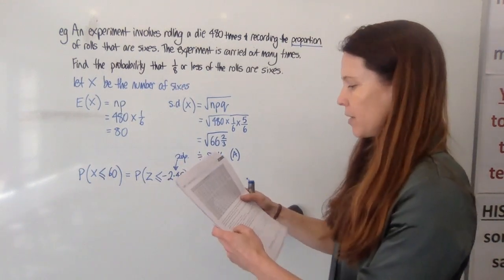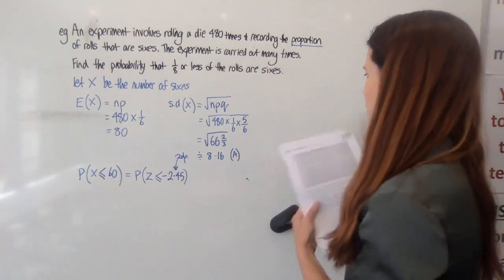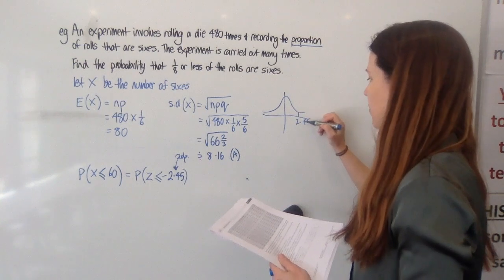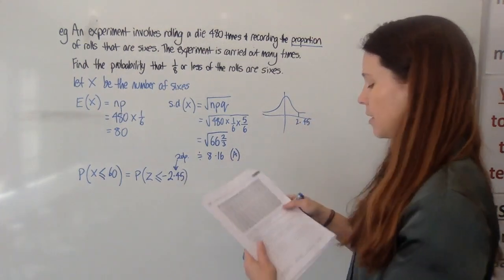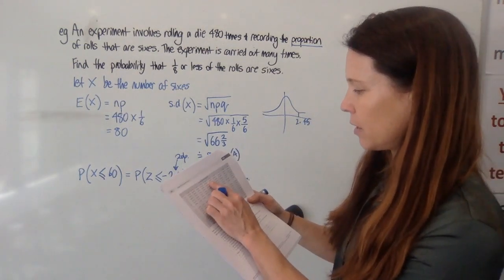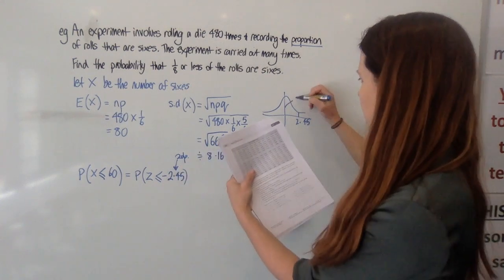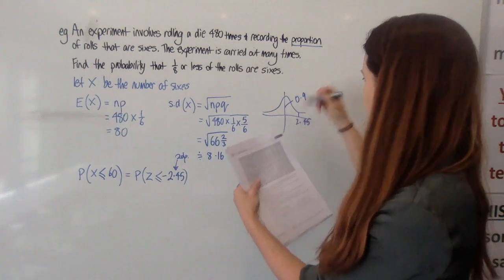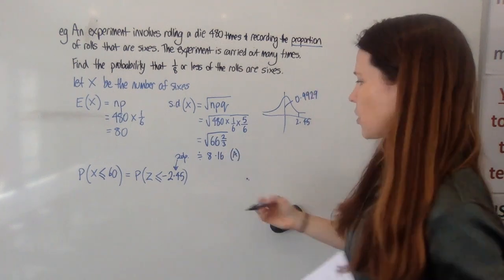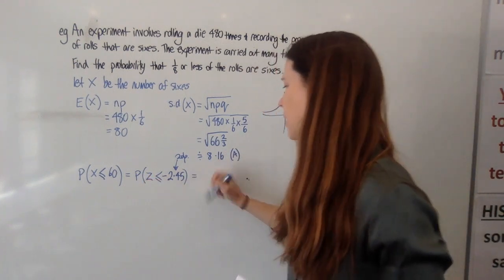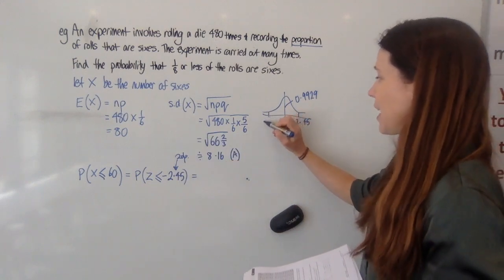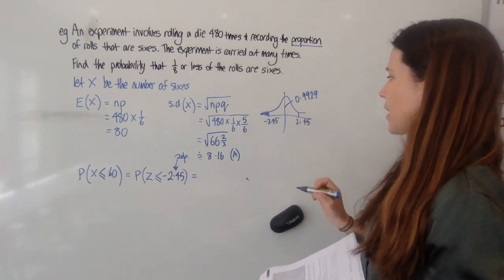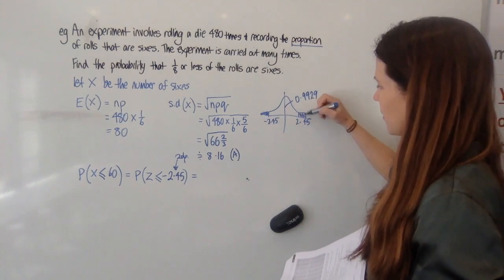So now I can look at my z-score table and see that the probability of being less than 2.45, because it doesn't have any negative scores on there, is going to be really high. It's 0.9929. So that means the probability of being less than the negative of 2.45, I want this little tail here, which is going to be the same size as this little tail up here.